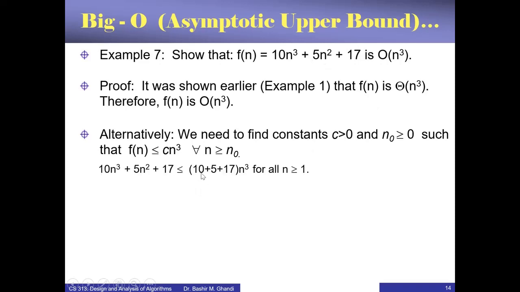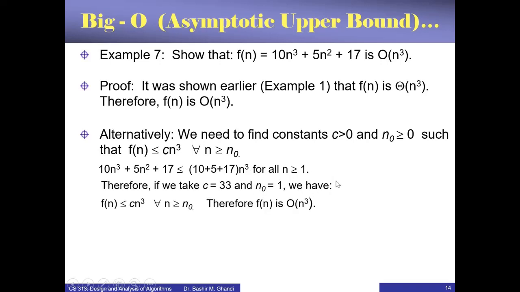So if you do that, your function will be less than or equal to 10 plus 5 plus 17 times n cubed for all n greater or equal to 1. And therefore, if we take C to be this constant value and n naught to be 1, then we will have found the two constants that we need, and so the inequality will be true for that value of C for all n greater than n naught, where n naught is equal to 1, and therefore Fn is big O of n cubed.